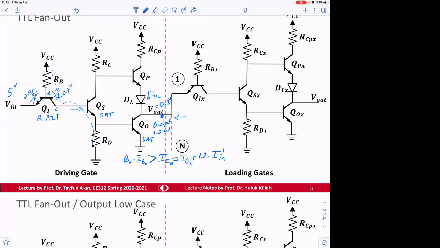So what is the state of IDL? We say that this is going to be SAT 0.8. So this will be in SAT 0.2. So this will be 1 volt. So this will be off. And this will be off. Therefore, this will be equal to 0. So the condition, the maximum N, can be found from here: beta forward IBO is larger than N times I in prime.